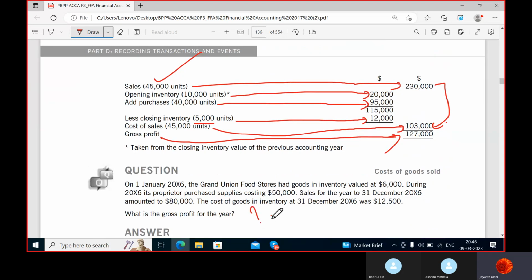Then we'll solve this collectively. I'm expecting you to solve this, right?